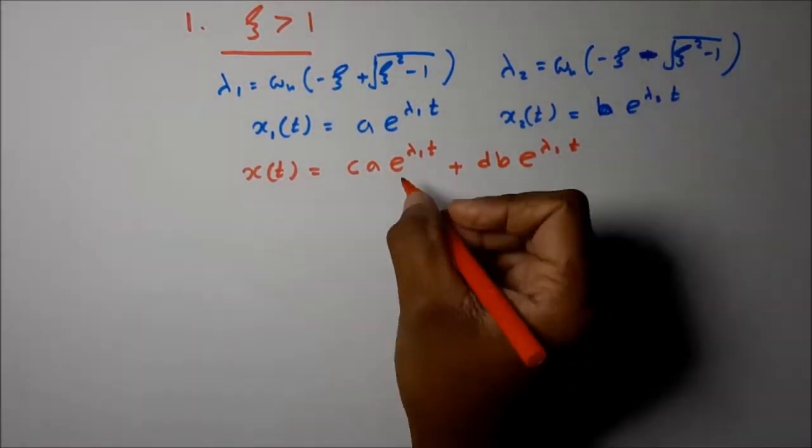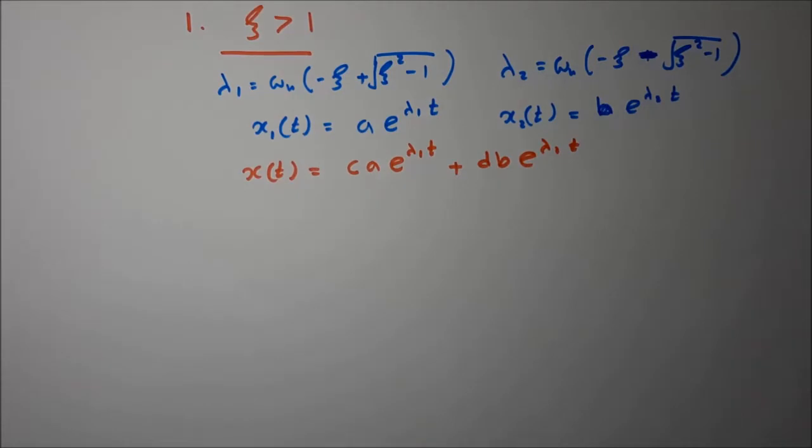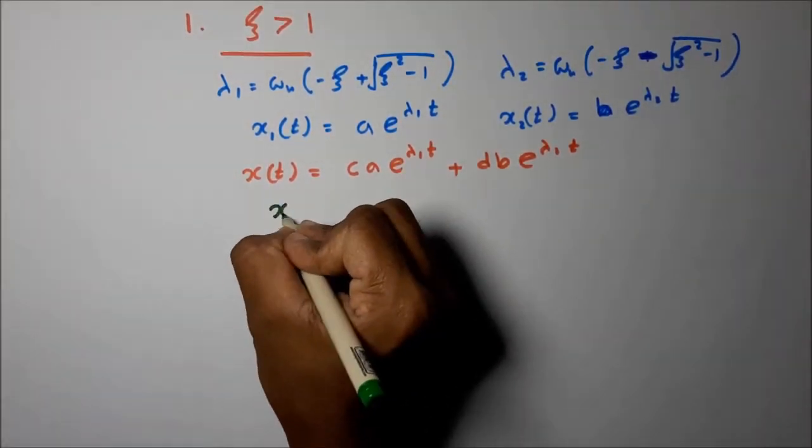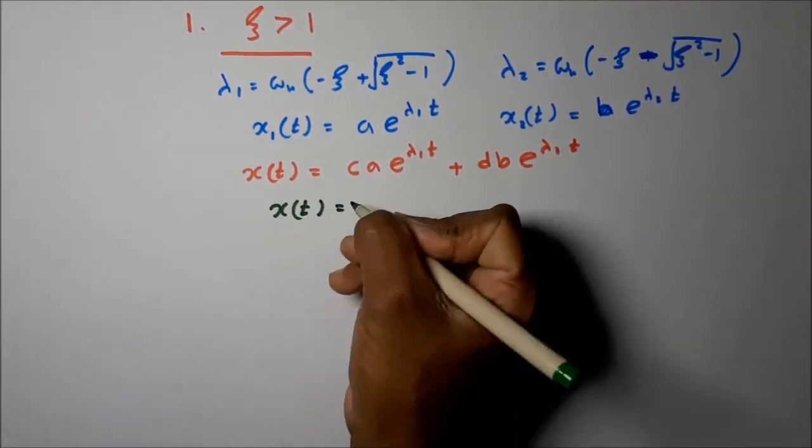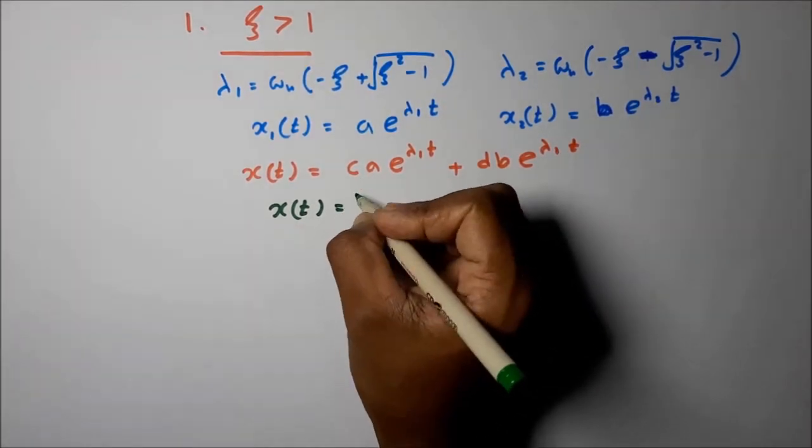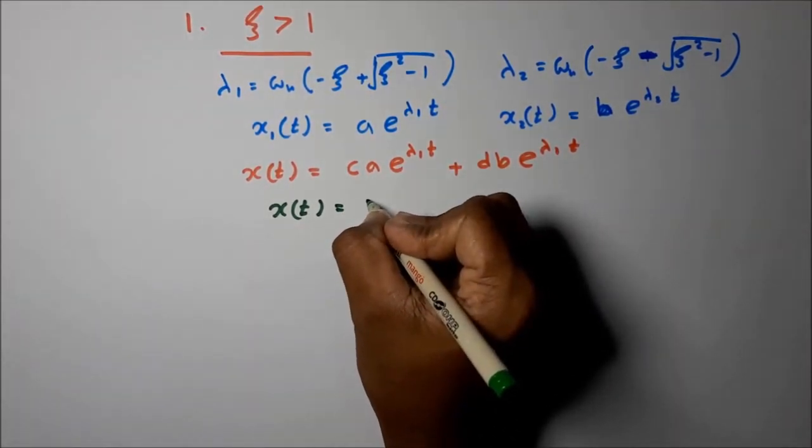Okay, for the linear combination of two independent solutions, one of the properties of differential equation solutions. So then x(t) is equal to, for the multiplication of c and a, I am going to put one simple constant a.